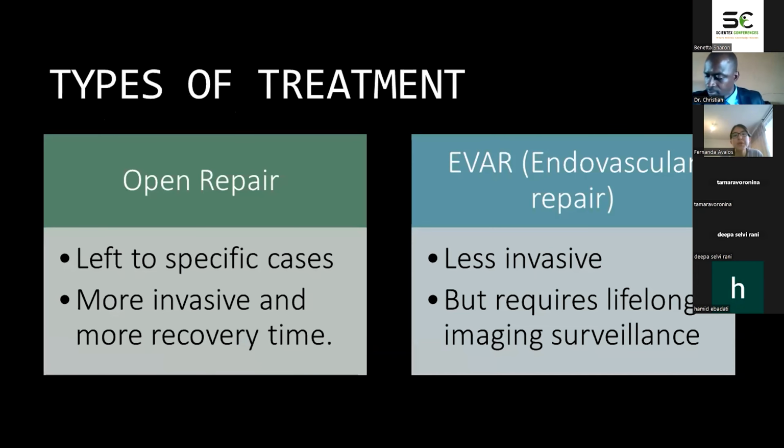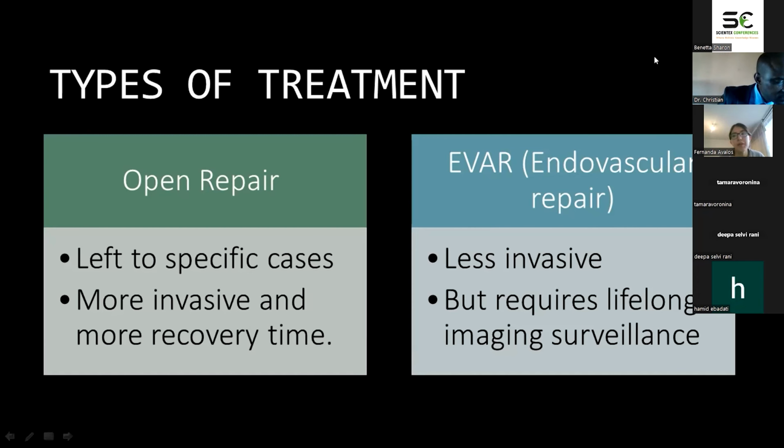We have two types of treatment. The open repair is left for specific cases because it's more invasive and needs more recovery time. And then the endovascular repair, which is less invasive, but requires more imaging surveillance during the life of the patient, and is also more expensive.